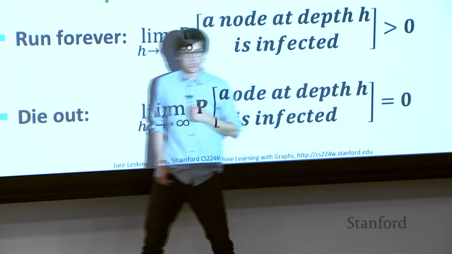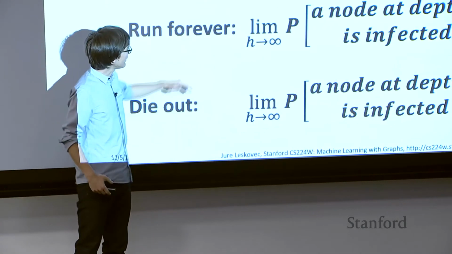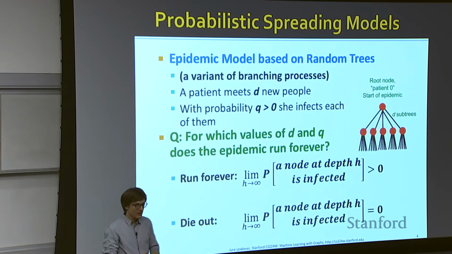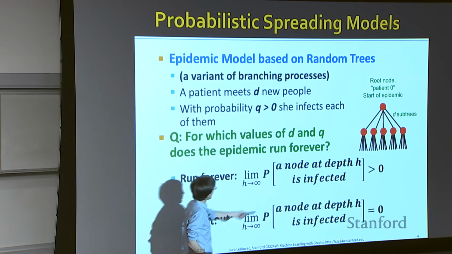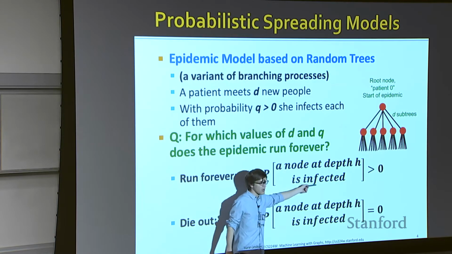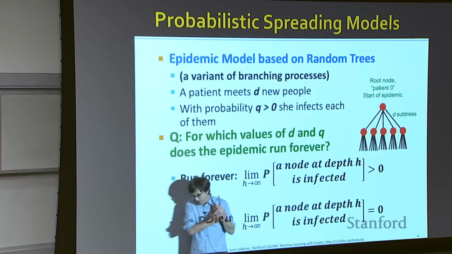So if the epidemic will run forever, then the probability of having an infected node at any arbitrary depth, as depth goes to infinity, will be greater than 0. This means the epidemic runs.